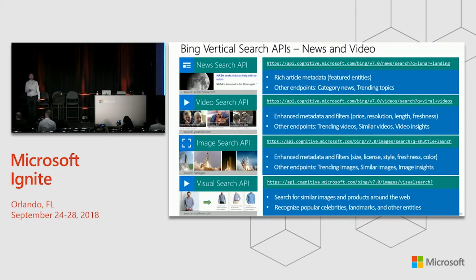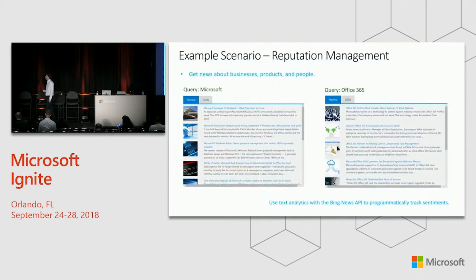And we'll talk about that and how you can use that for reputation management. Or being able to find the latest videos on a particular item or images. And they're all text-based entry, but what if I've got a picture and I want to query using that picture? Well then, great, visual search allows me to do that and bring back lots of great information, and we'll talk about that a little bit more.